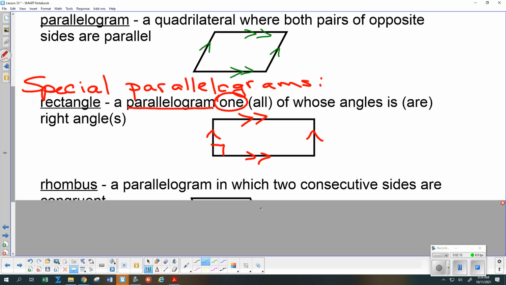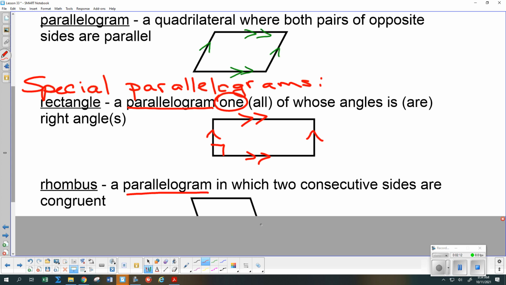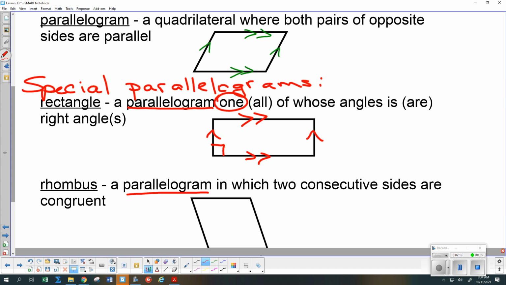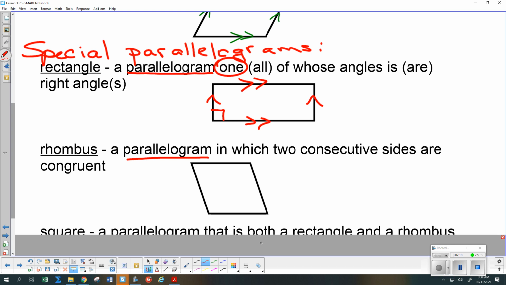The next special parallelogram is a rhombus. So all we have to have for that definition is that the top and bottom are parallel, the left and the right are parallel, and if we simply know two adjacent or consecutive sides are congruent, that's enough that all four sides are going to have to be congruent, which is what we usually think of for a rhombus.